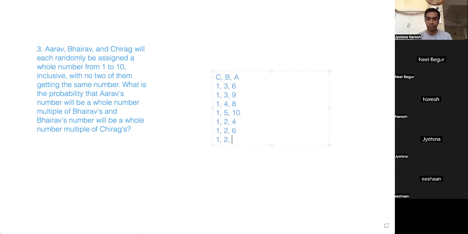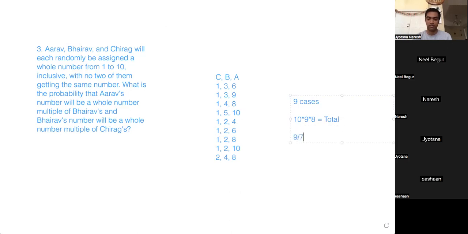And then finally, when C is equal to 2, B is equal to 4, and A is equal to 8. Out of all that, we can see there are 9 case values here. And doing permutations, 10 times 9 times 8 is the total possibility. So 9 divided by 10 times 9 times 8 is 1 over 80.